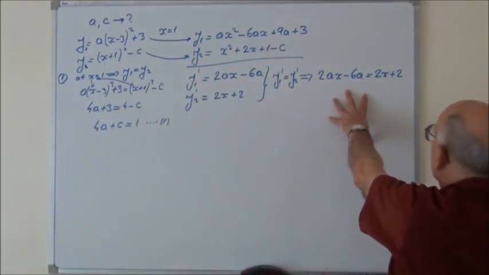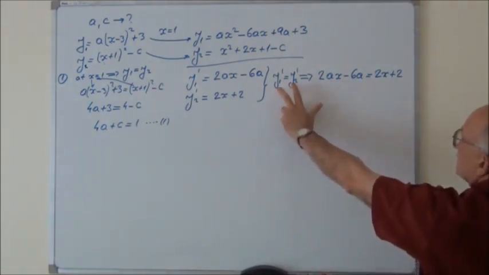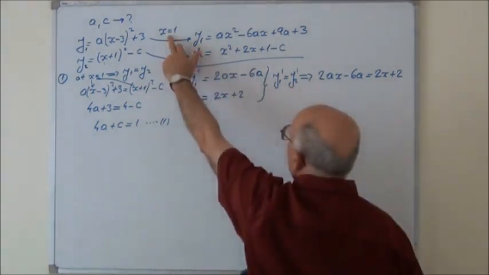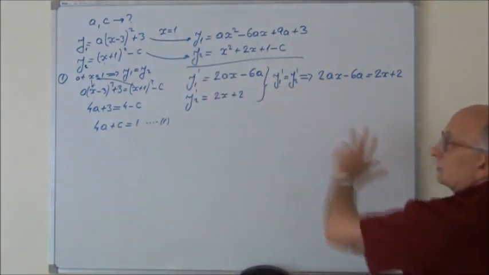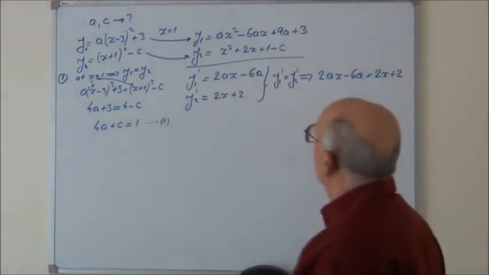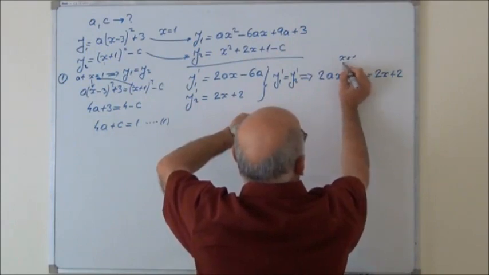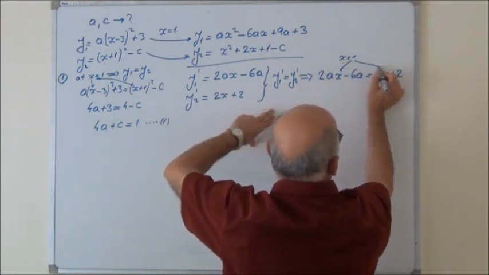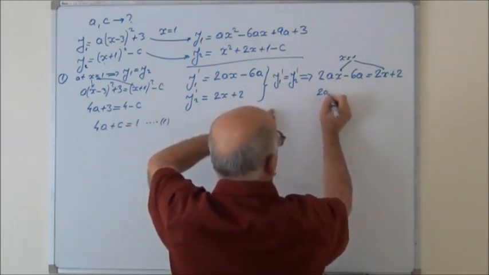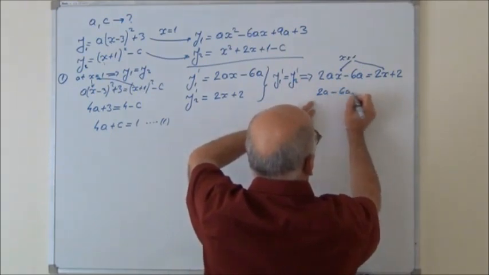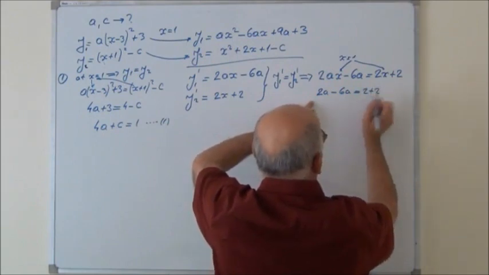The same we can do here. Again, we have to keep in mind that this is happening only at x equal 1. At that point, gradients of those two parabolas are the same. So we are substituting x equal 1 for wherever we have x here, and then 2a multiplied by 1 is 2a minus 6a equal 2 times 1 is 2 plus 2.